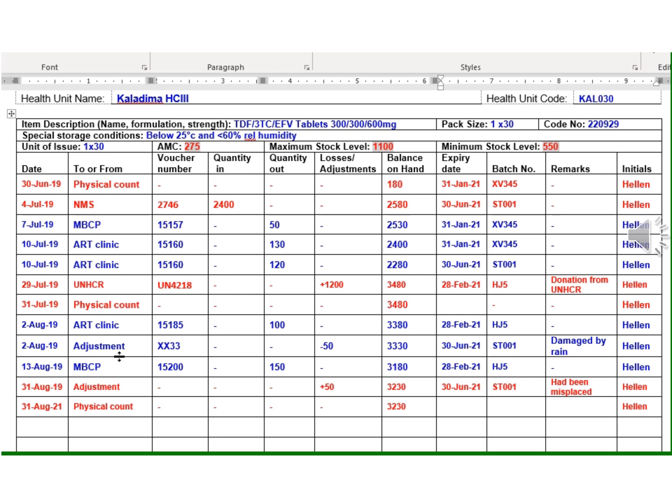It gives you a snapshot of what is happening in your facility in a year. The whole year's operation will be on one page, and you can look at it and see how your stores operated in the course of the year. It also helps you make accurate orders, because the computation of what you need is going to be entered on a stock book.